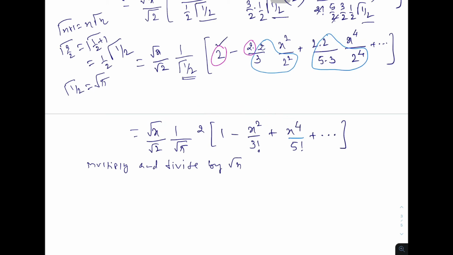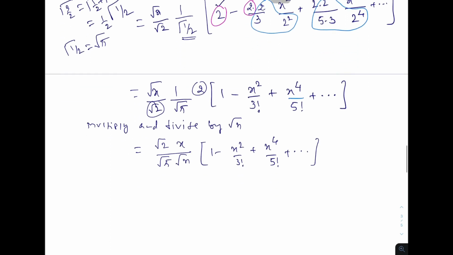So this is equal to, and this 2 over root 2 will be root 2, then we have multiplied with x, this is pi, and this is root x, and 1 minus x square by 3 factorial plus x power 4 by 5 factorial, and so on. There will be a minus sign there.